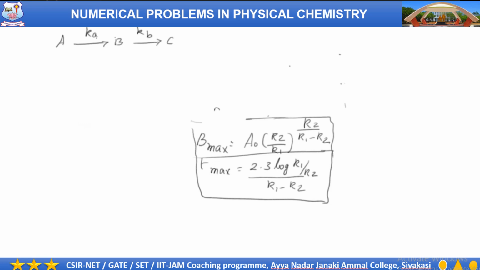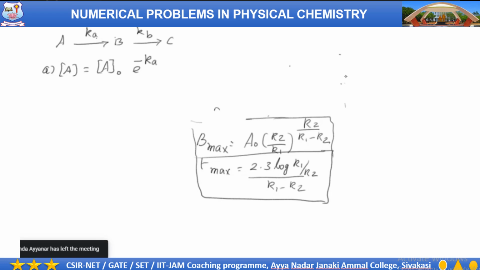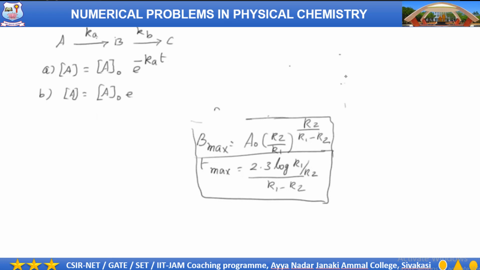The integrated rate law for this reaction is: option A, concentration of A at time t is equal to concentration of A at 0 time into e power minus Ka t. B, concentration at time t is equal to concentration at e power minus Ka t minus e power minus Kb t.